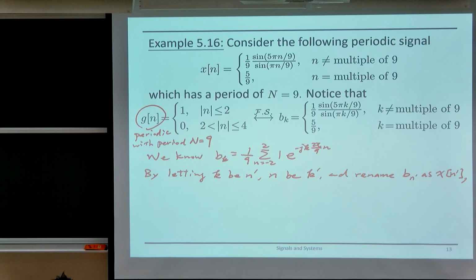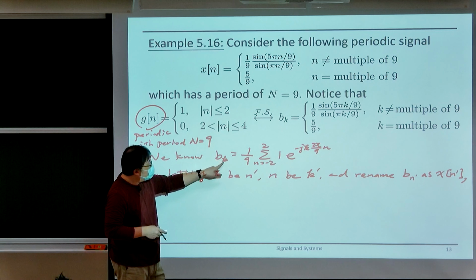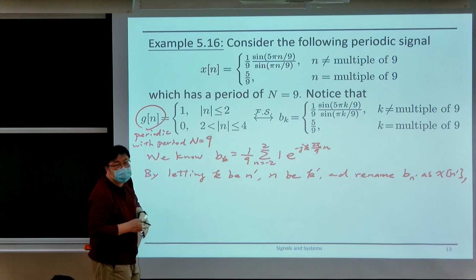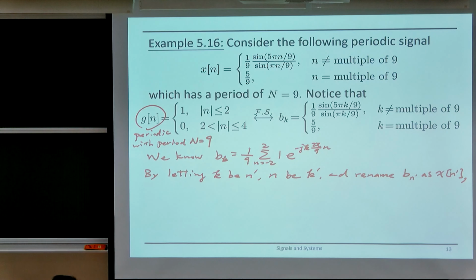Then bk becomes Bn prime, which is xn prime. I'm just changing a name, nothing changes.